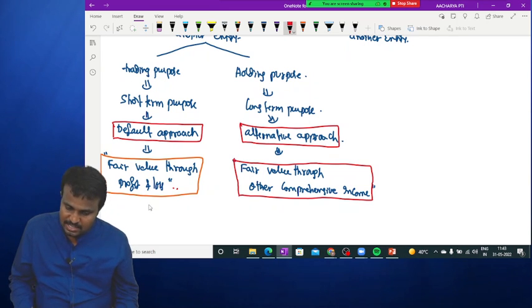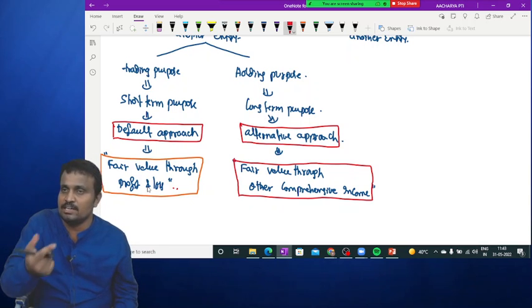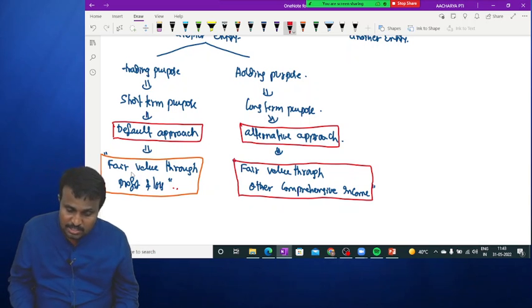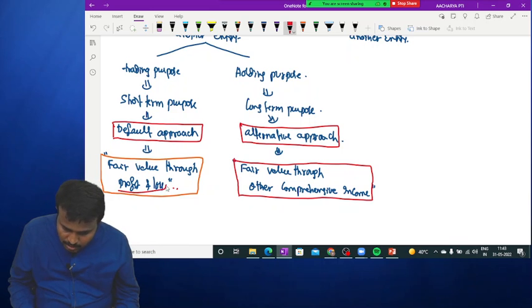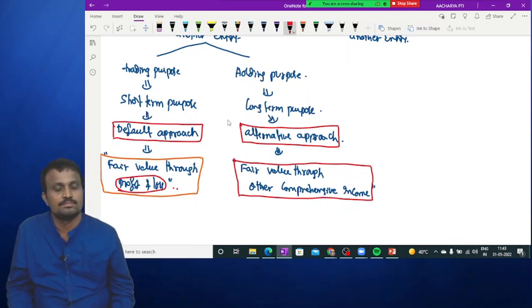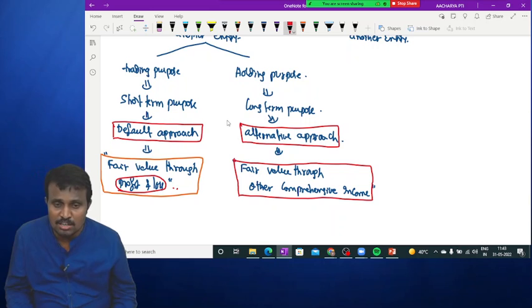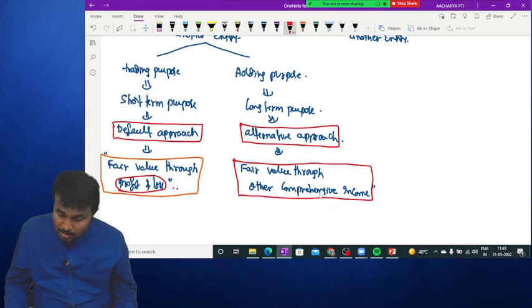In this case, any gain or loss relating to the fair value adjustment is transferred to which account? Profit and loss account. But if the equity shares of another entity are acquired for long run purpose or holding purpose, then we follow fair value through OCI, other comprehensive income.